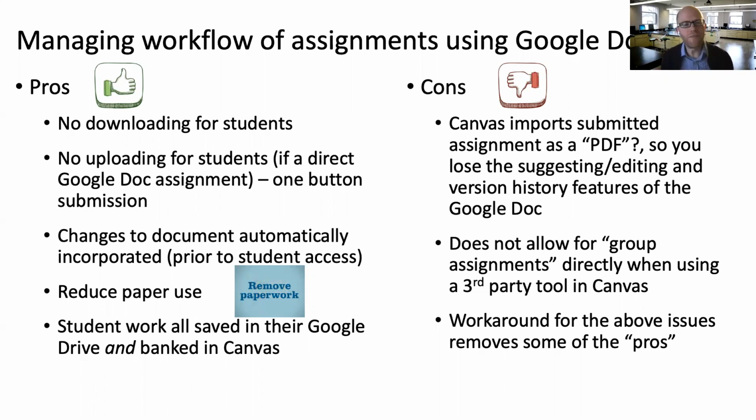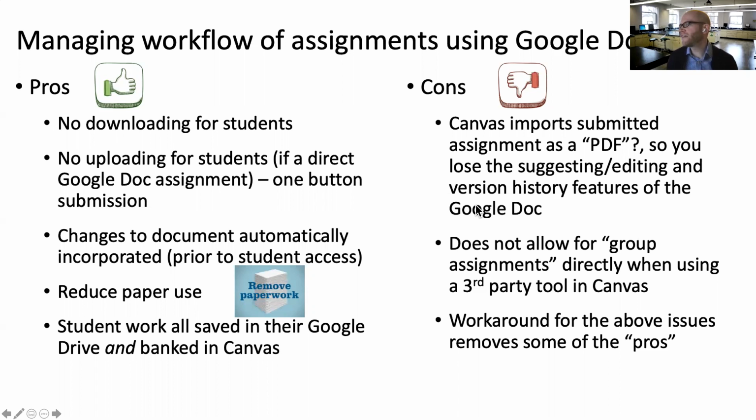But when they submit something via Canvas, it just turns it into a flat PDF document. You can make comments on it, but you're not editing directly into their document. So that workflow is not as straightforward as bouncing a Google Doc back and forth.